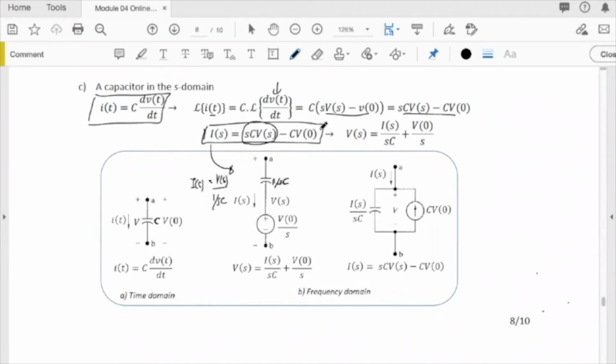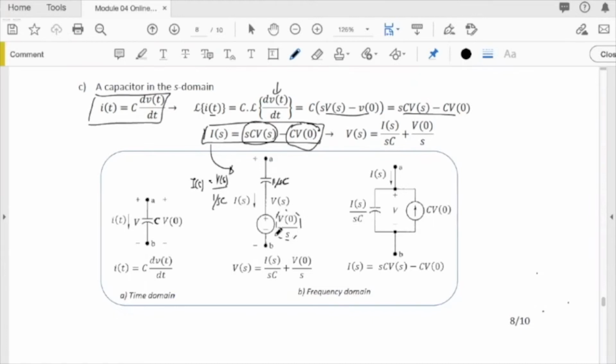The second term is referred to the initial conditions. So the initial conditions will come from that.